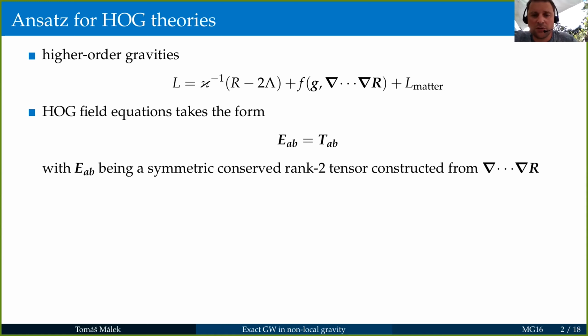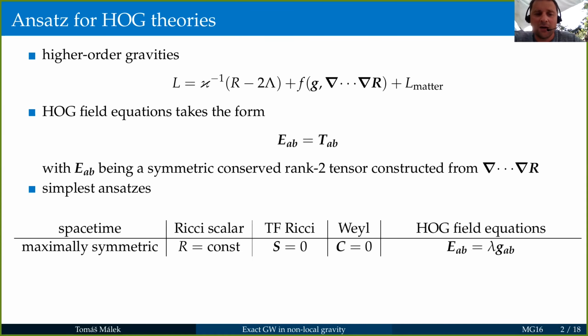If you want to solve such field equations, they are very complicated, so you have to use some convenient ansatz. The simplest ansatz you can use is a maximally symmetric spacetime. If you plug a maximally symmetric spacetime into the field equations, the field equations of any higher order gravity theory reduce to just an algebraic equation, Lambda equals 0, which determines the value of the constant scalar.